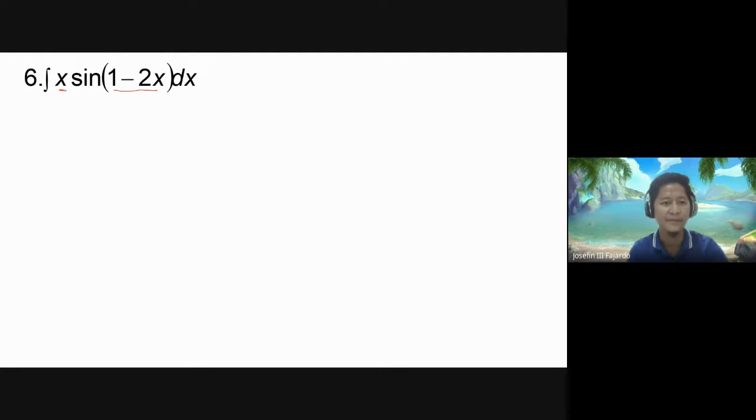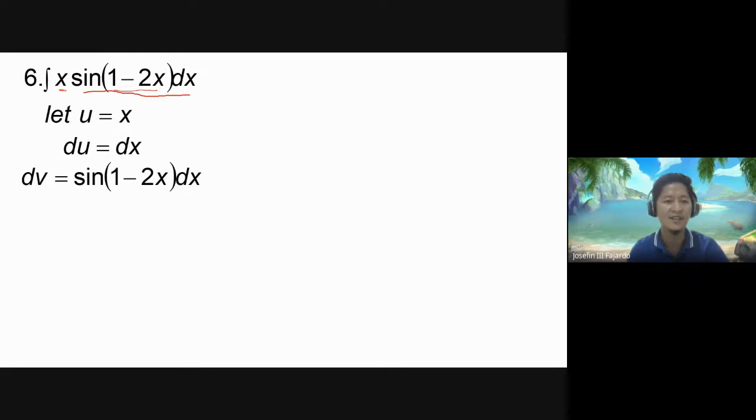Tama? But if you try to use your integration by parts, if I let u to be x, of course, du will be dx, and then natira, yung sine of (1 minus 2x) dx, gawin ko siya dv. If I try to integrate this, if I let w to be 1 minus 2x, my dw will be negative 2 dx, right?